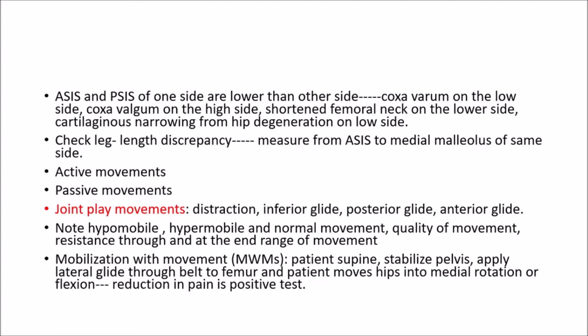Apply the lateral glide through the belt to the femur, and the patient moves the hip into medial rotation or flexion. If there is an increase in range of movement, or a reduction in pain with the active flexion or medial rotation of the hip, this is a positive sign, which may indicate a mechanical joint problem.